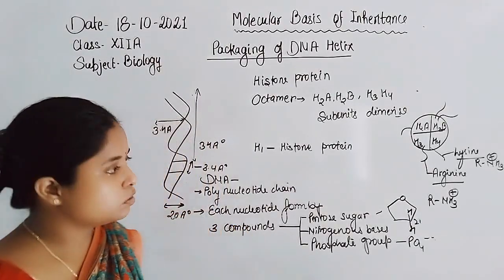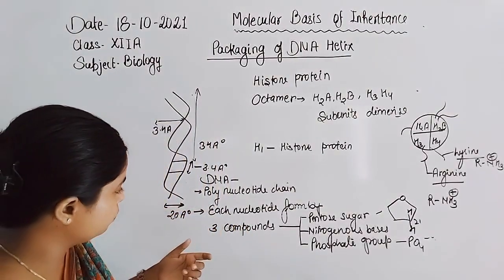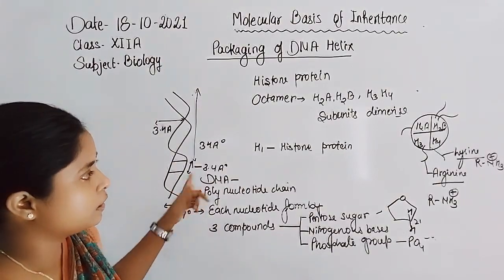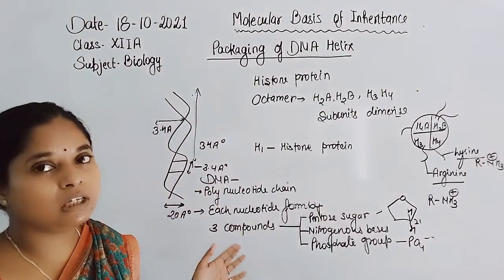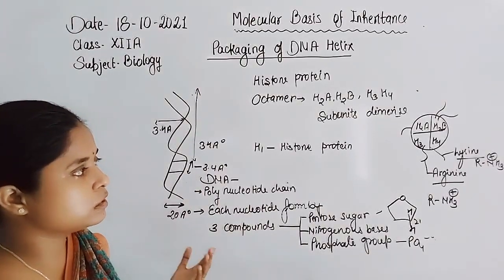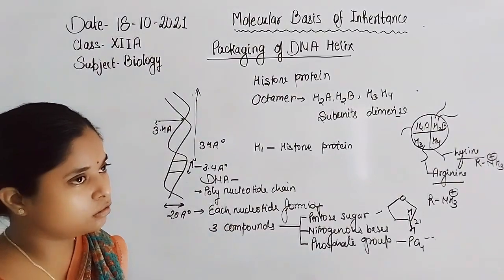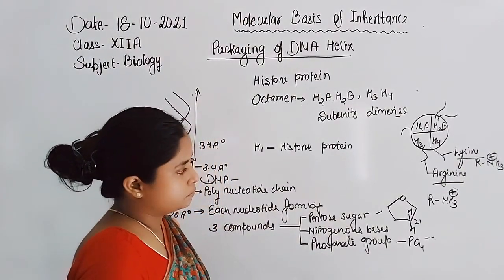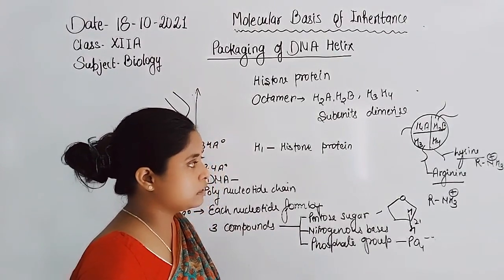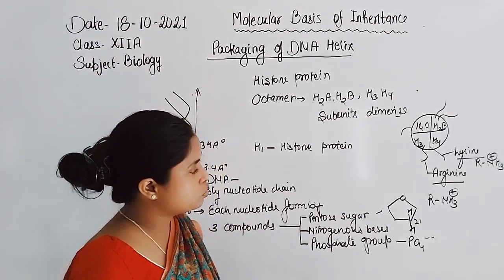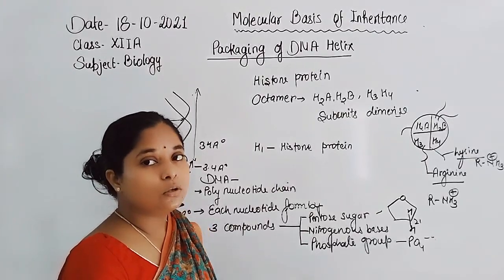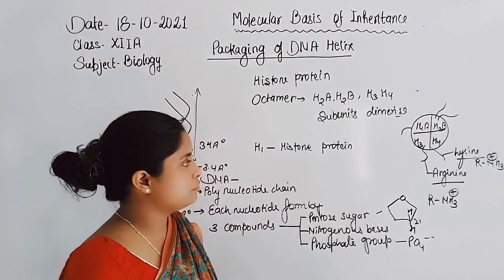Due to the positively charged subunits, the negatively charged DNA wraps around the histone protein, because a positive-negative interaction between DNA and histone octamer happens. This is the reason behind the wrapping of DNA over a histone octamer: the presence of a large number of positively charged amino acids like arginine and lysine in the histone octamer, whereas DNA is negatively charged due to the phosphate group having two negative charges.